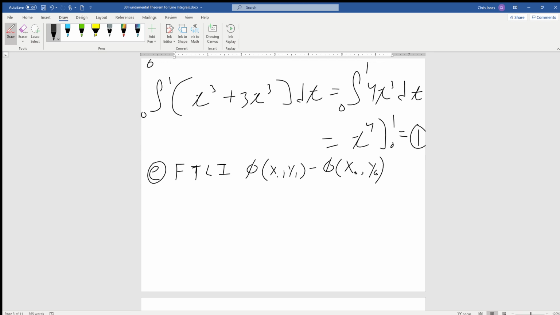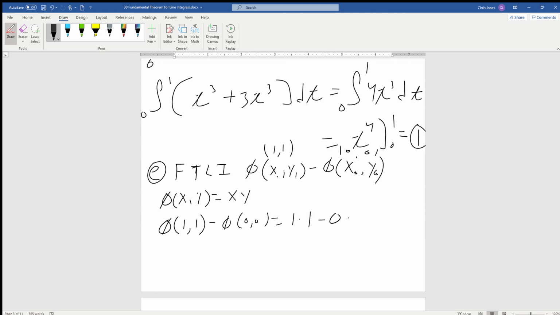Well, in this case, remember we have 1, 1 and 0, 0 as our points. So we're just going to substitute those. And remember, phi of xy was equal to xy. So that means that phi at 1, 1 minus phi at 0, 0 is going to be equal to 1 times 1 minus 0 times 0, and clearly that's 1.